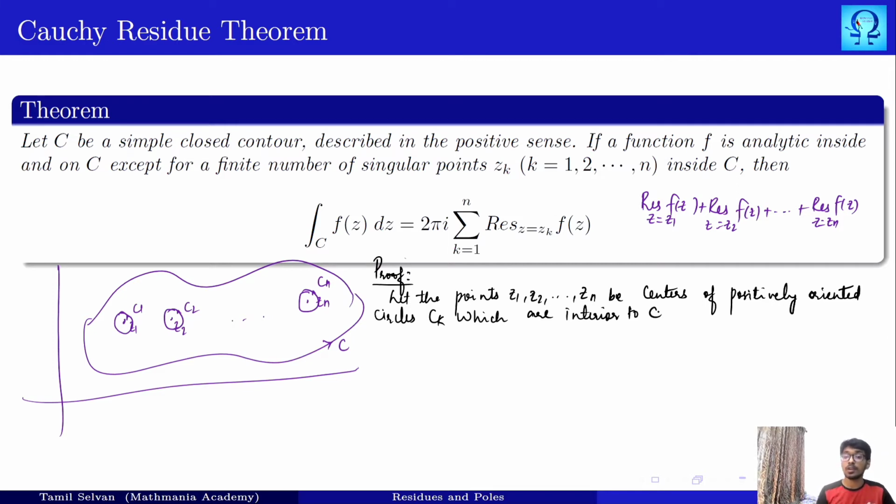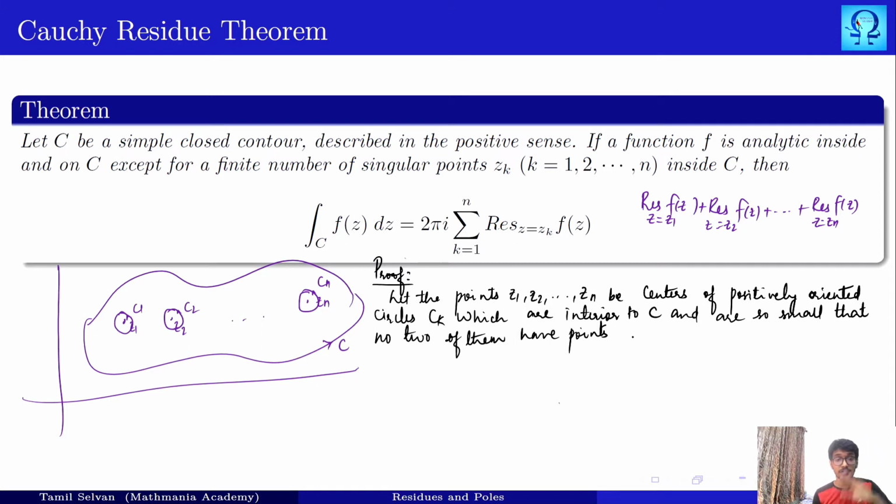We will have to identify disks in this way, and these circles have to be so small that no two of them have points in common. Which means these circles must be non-intersecting circles.